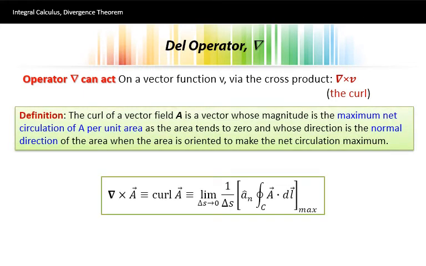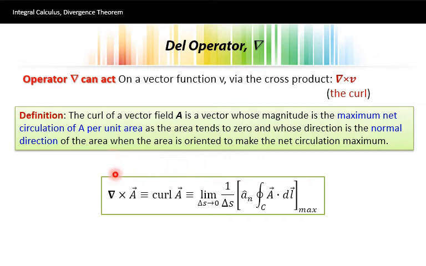A third type of operation of the del operator on a vector function V is the curl operation. The curl of a vector field A is a vector whose magnitude is the maximum net circulation of A per unit area as the area tends to 0 and whose direction is the normal direction of the area when the area is oriented to make the net circulation maximum.